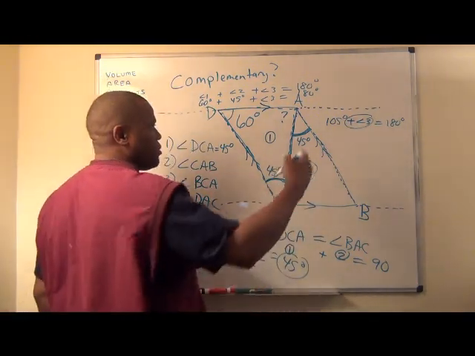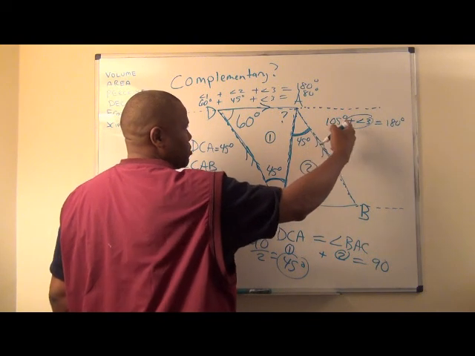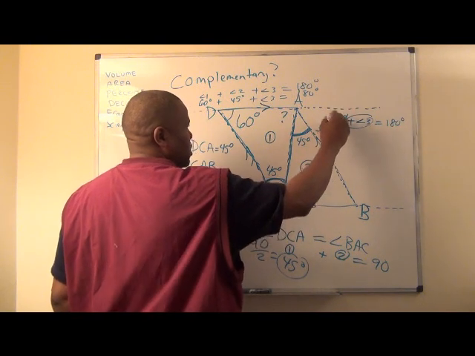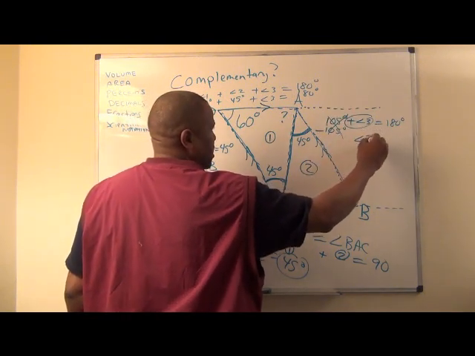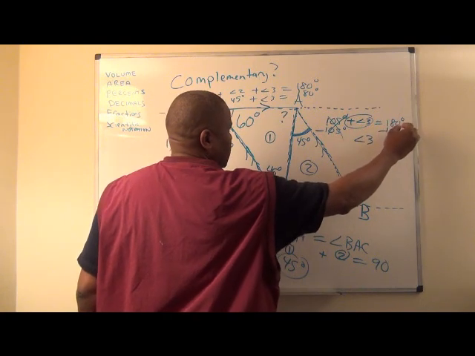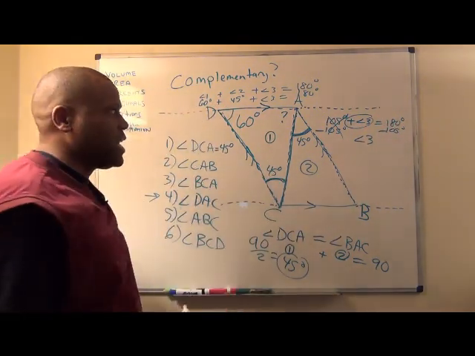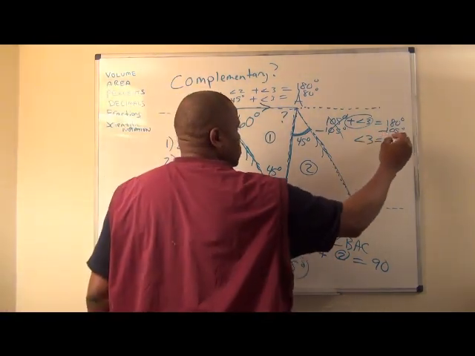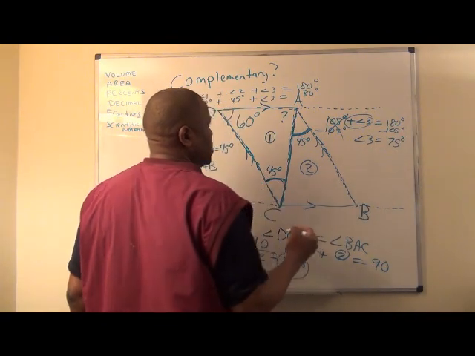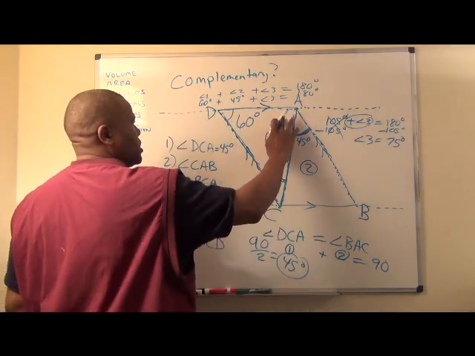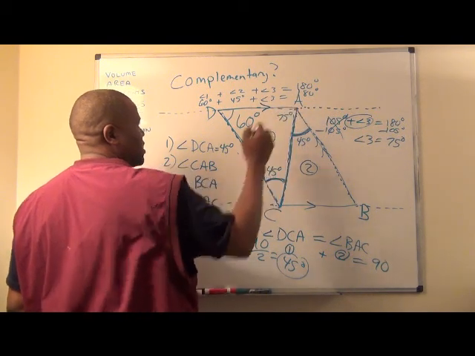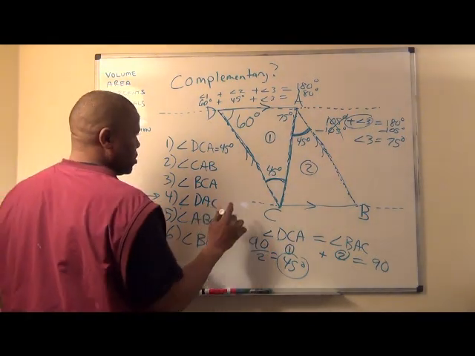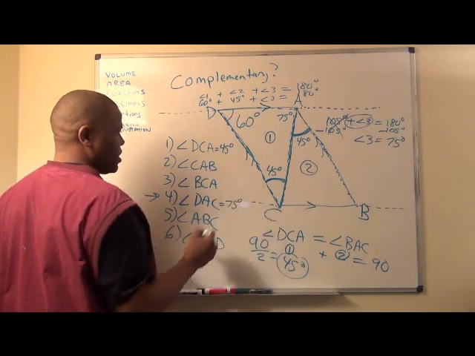We need to subtract 105 degrees from both sides, so we're left with angle 3. 180 minus 105 is equal to 75 degrees. So angle 3, which is angle DAC, is equal to 75 degrees. Now we've got two of our angles done.